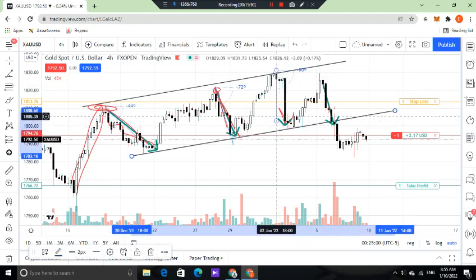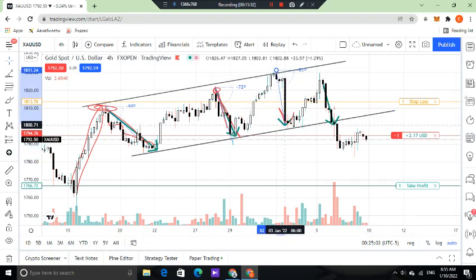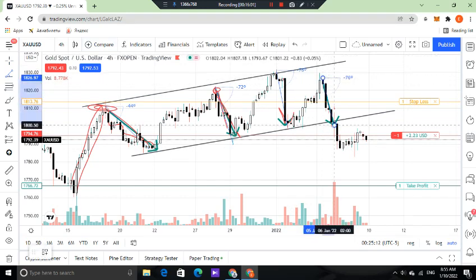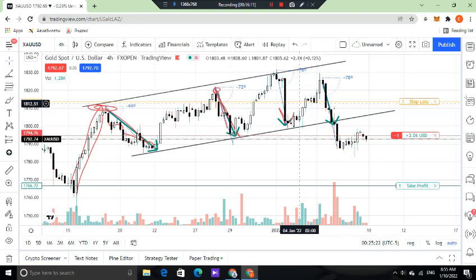But let's consider it from here. The more the price moves, the bigger the angles we have, and it means they're getting stronger, the bears.